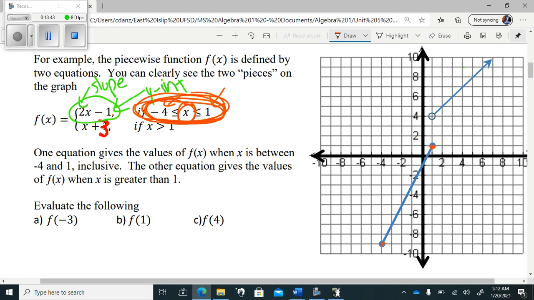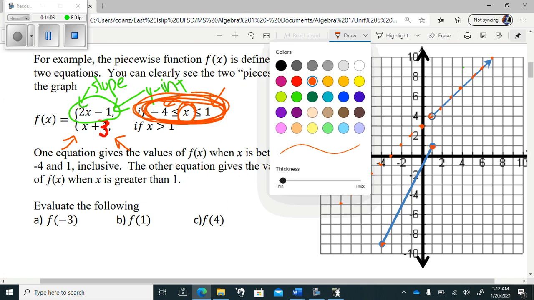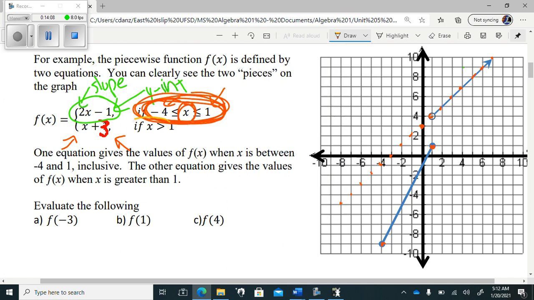And then how did they get the other piece? Well, the slope of the other piece is 1, and the y-intercept is 3. So if I start at 3 and go up 1 over 1, you can see I get points on this function. They didn't connect them all, though. Why didn't they connect them all? Well, that's because it doesn't exist everywhere. It only exists for the x's that are greater than 1.